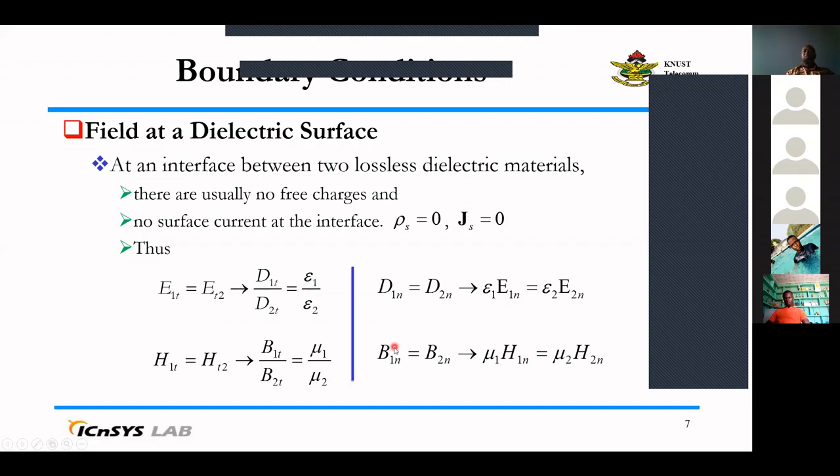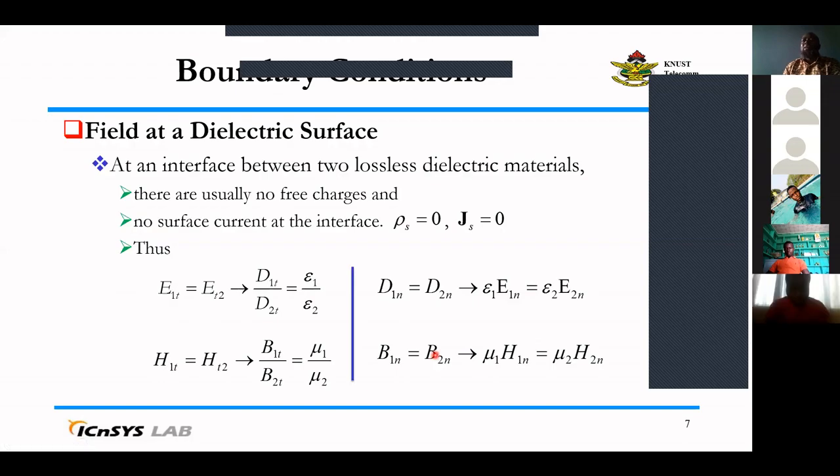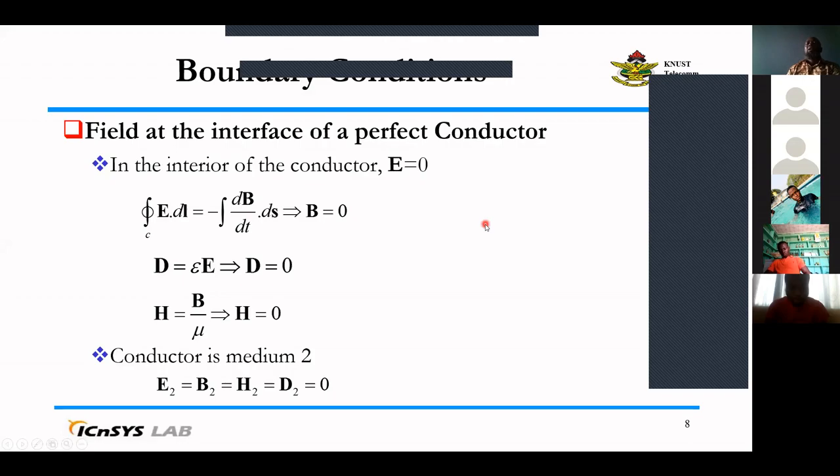And this is the case with all the other parameters, i.e. electric field intensity, magnetic field intensity, the normal component, and the tangential component. So that is what happens. Therefore, if you are doing a design and you only take into account the field in water, your design will fail, because the field in air, as it is transmitting from water to air, will be different from the field in the water.